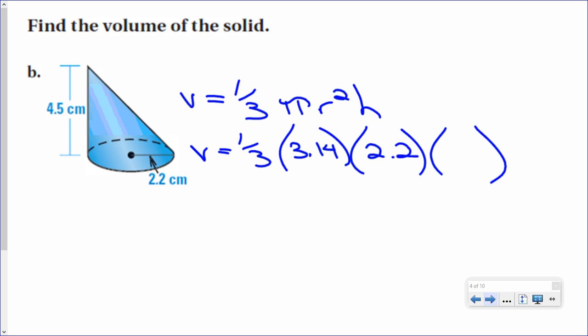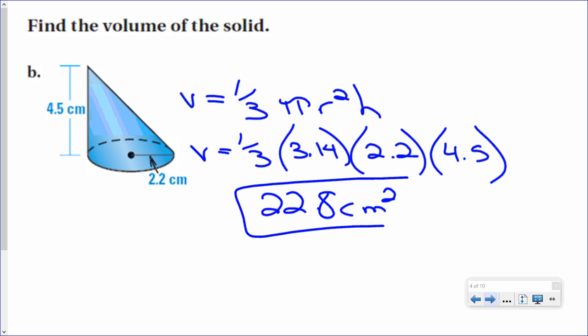And one more time, make sure you grab the height and not the slant height. On this one, they give you the height, which is 4.5. And when you are all said and done, that's 22.8 centimeters to the third power. Yeah, cubed. Volume is cubed.